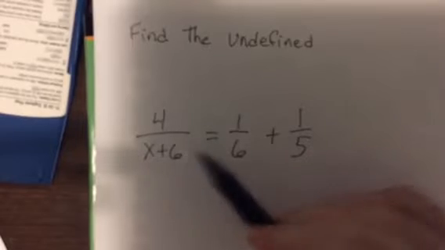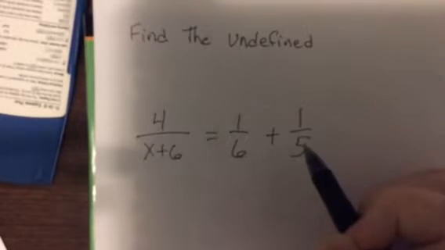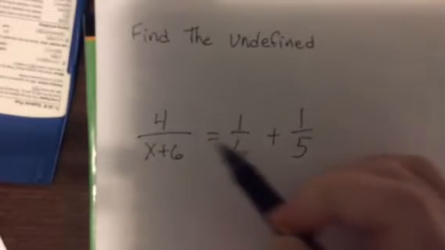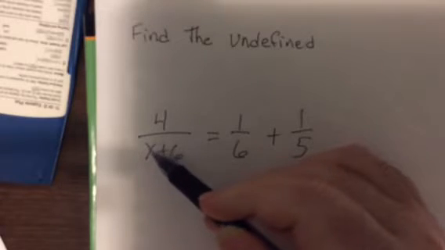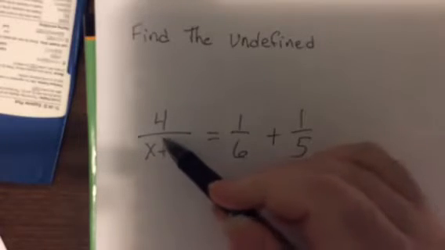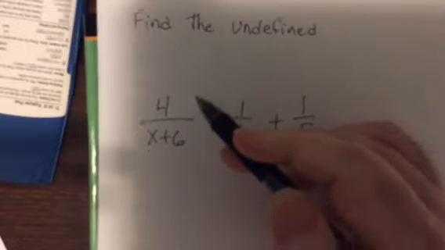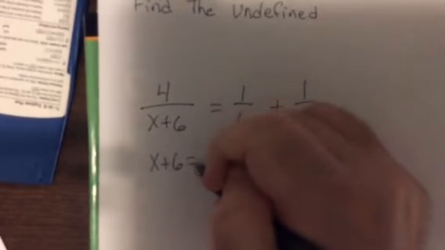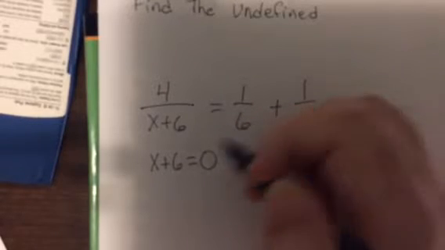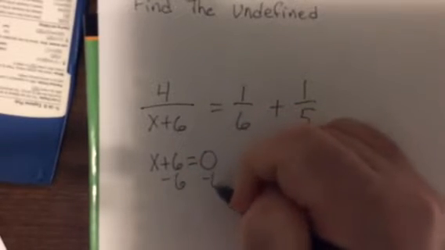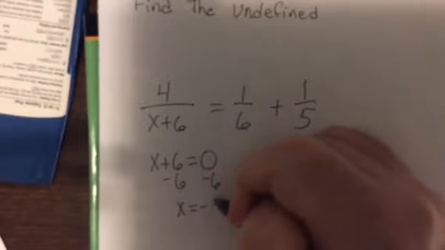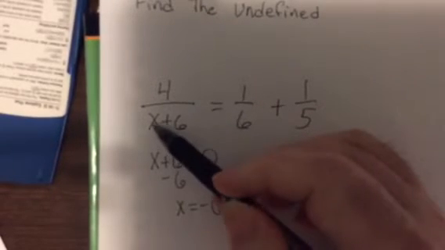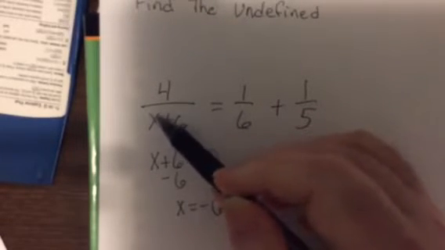So before I solve this, and we're going to solve this tomorrow or something like it, what number would I put in for this x that would cause the bottom to be 0? Now, if you want, you could actually say, when does x plus 6 equal 0? Then solve it. Some of us are good at numbers, so when you put it in, you can look at it.